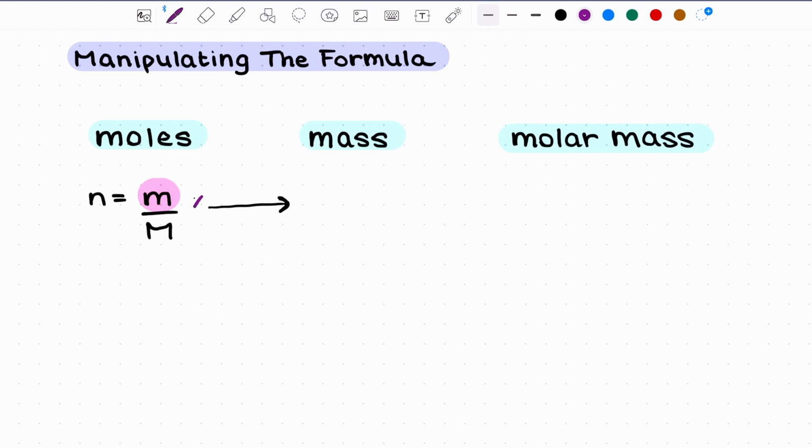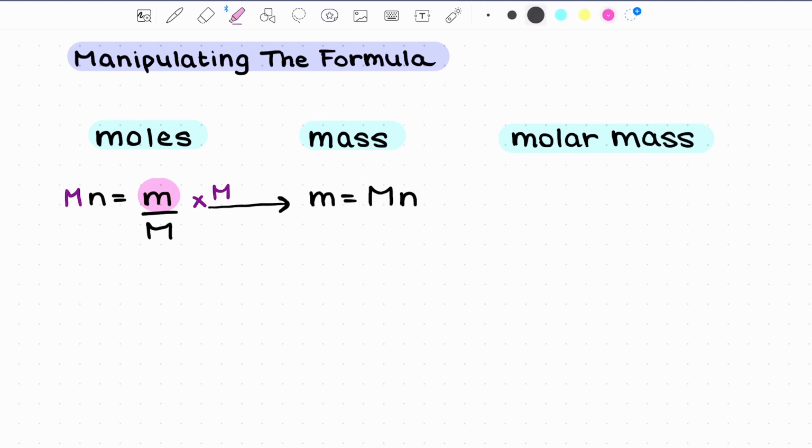So the opposite of division is multiplication. And so I can multiply this side by molar mass and this side by molar mass in order to isolate mass on its own. And so you get that mass is equal to molar mass times moles. And so when we don't have anything written between the two variables, that means that they are being multiplied. So that is our second form of our equation.